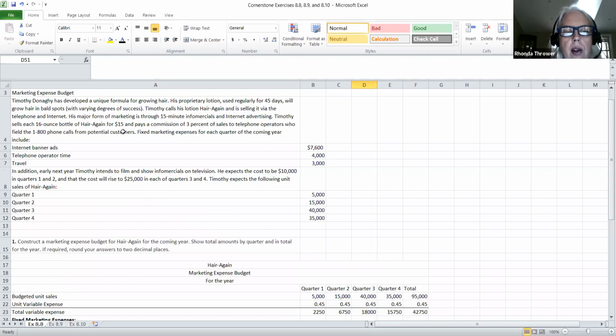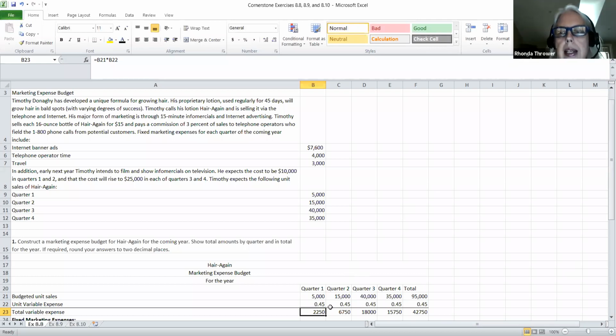And it is $15. So we'll multiply $15, the selling price per unit, times 3%, and that will give us the amount of 45 cents. And that 45 cents is our variable cost per unit that we sell.